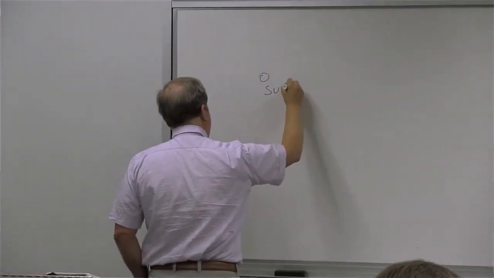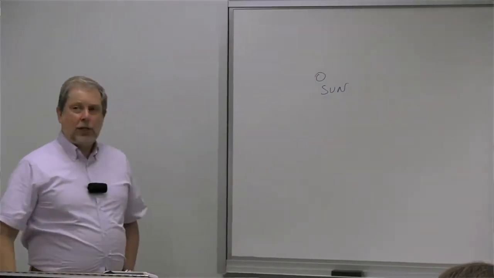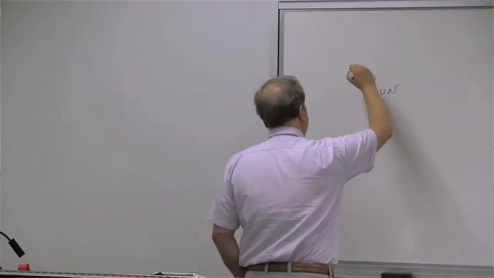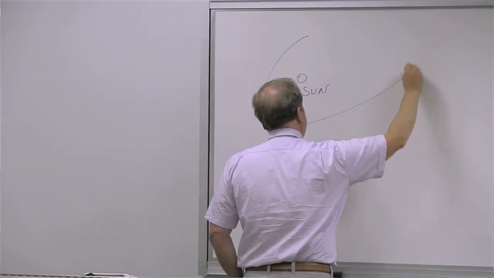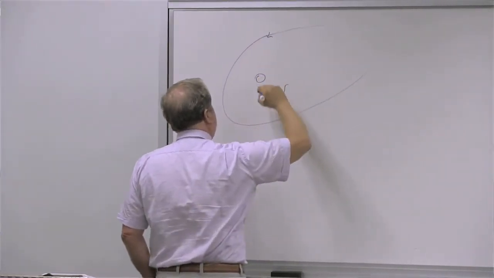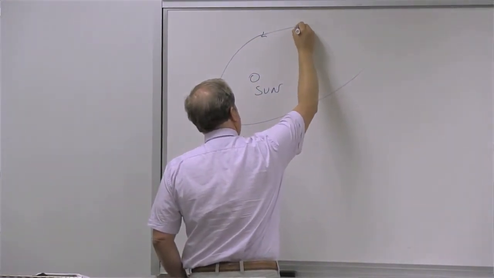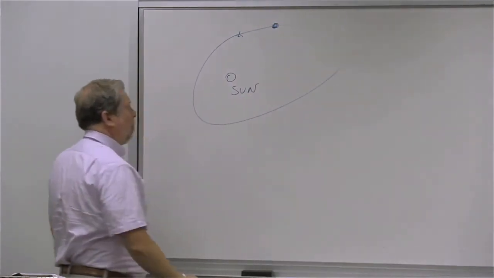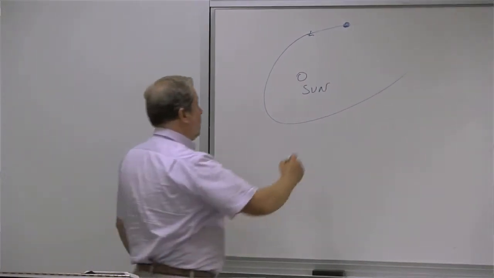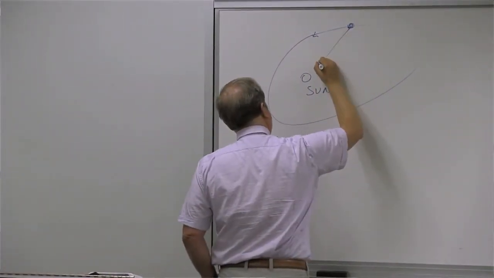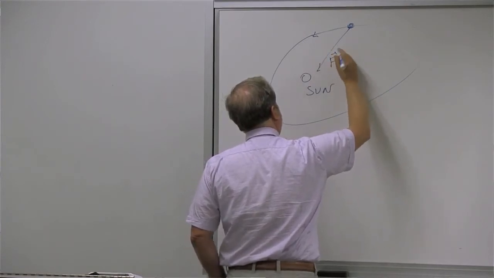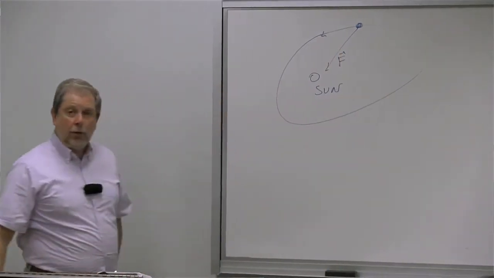Namely, Newton had in mind that you have the sun, and you have the earth, and the earth is going around some sort of orbit. And the reason why the earth is going around that elliptical orbit around the sun is because there is a force, and that force is the force that Newton wrote down.